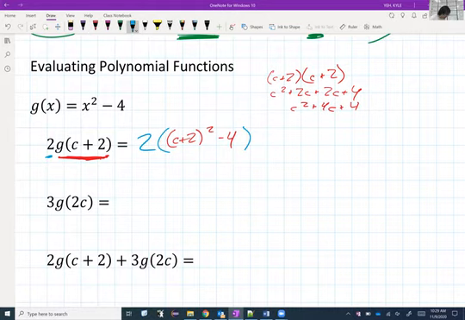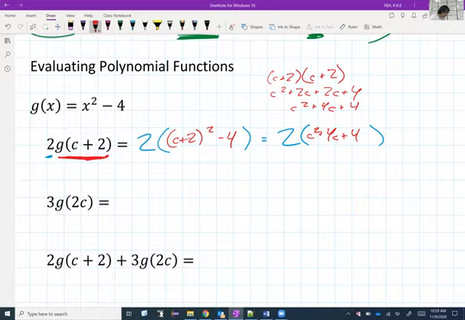Okay, so that was just a little bit of side work. 2 times, I'll write that down, c squared plus 4c plus 4. And then don't forget, that was just the squared part. We also have this little minus 4 that we also have to take into account. I'm just looking at simplifying plus 4 minus 4.